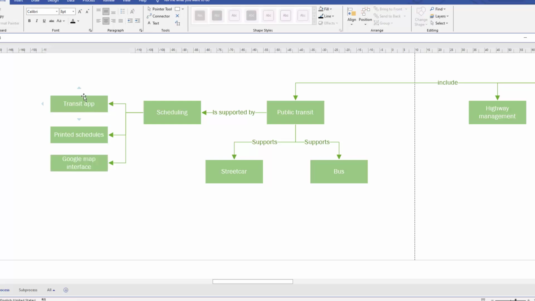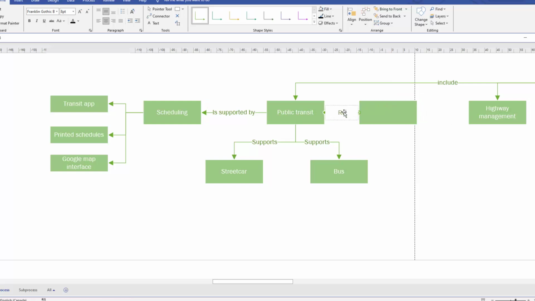Now we are talking more about various ways to implement and communicate schedules, right? But again, this is just a concept map. It doesn't have to be strict. It's really like capturing some brainstorming about what are the important aspects, say, of managing public transit that we need to consider. So we talked about the types of transit. We talked about scheduling. We probably want to talk about maintenance of public transit. So let's consider maintenance here.